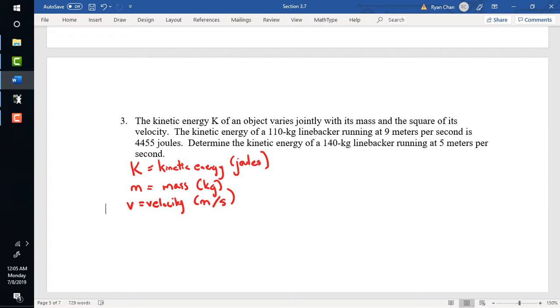So jointly, remember, is a relationship between 3 letters. So I have large K varies jointly. So it'll be little k times m times v. Okay. Just be really careful. Big K represents kinetic energy. Little k represents my constant.